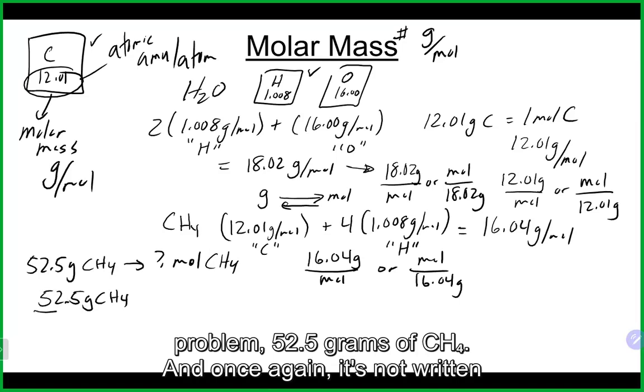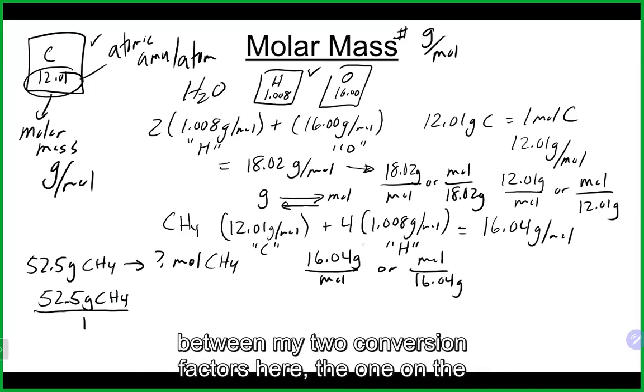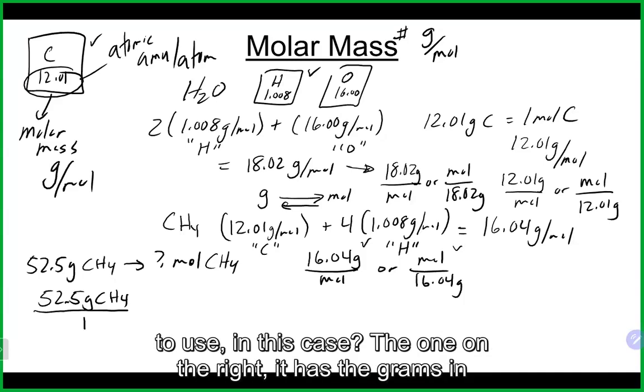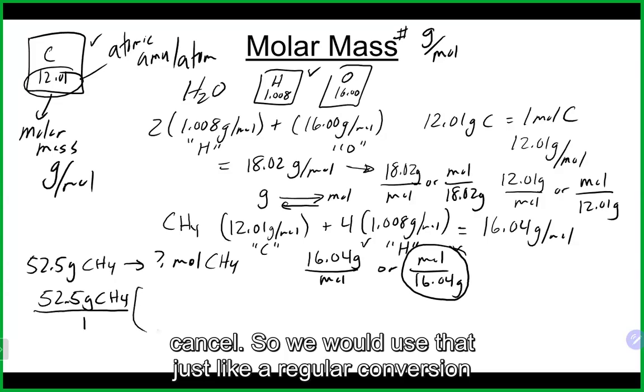And once again, it's not written as a fraction, but I can now see grams are up on top, which means between my 2 conversion factors here, the one on the left, the one on the right, which one would be appropriate to use in this case? The one on the right, it has the grams in the opposite location, right? Dimensional analysis, opposites cancel.